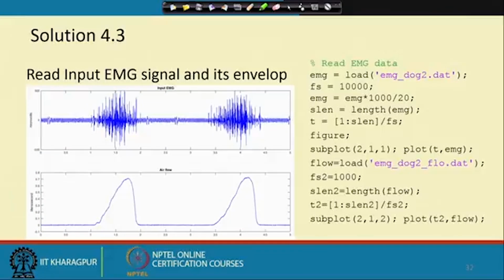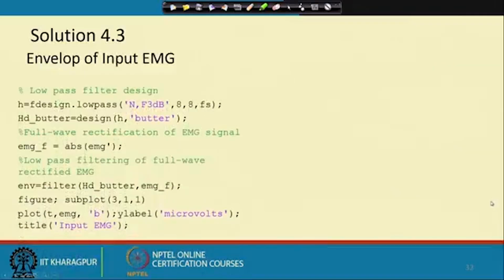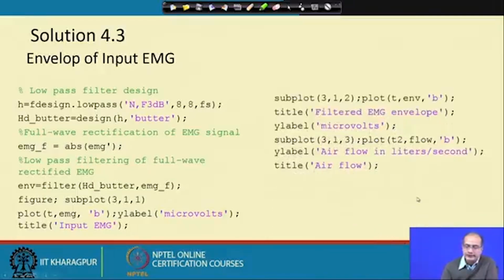So, that gives us the input as well as the reference, which we are trying to measure with the help of the turns count and the other two techniques, envelope detection and the RMS, which we have learned in the previous two assignments. First we calculate the envelope. We have already done that, so we will not go into the detail.